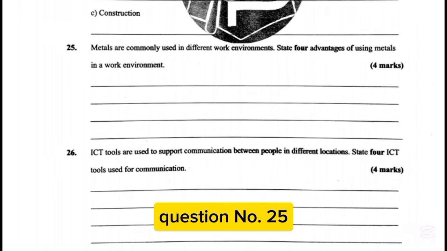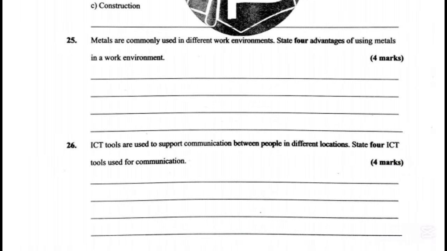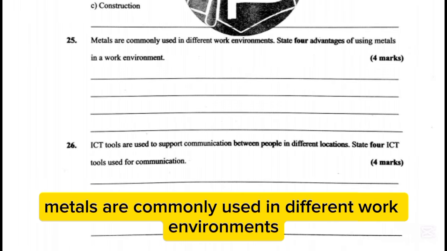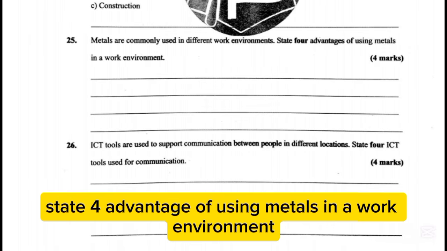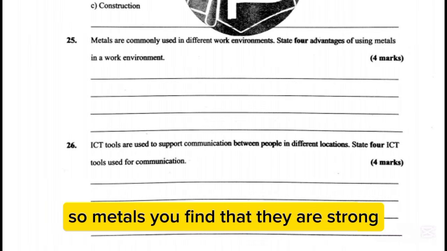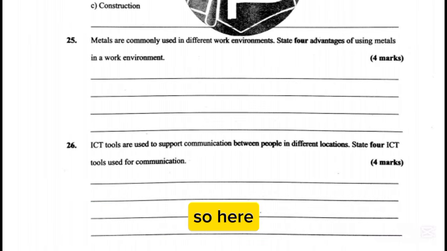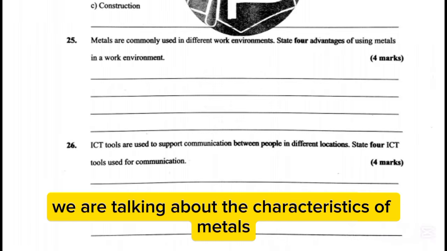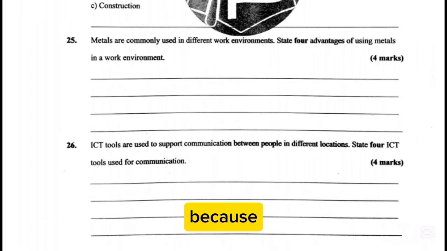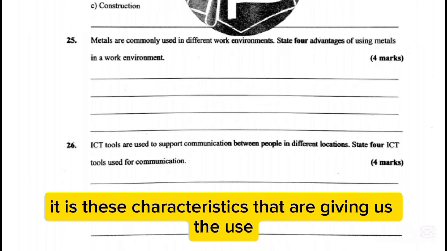Question number 25. Metals are commonly used in different work environments. State four advantages of using metals in a work environment. So metals, you find that they are strong. Here we are talking about the characteristics of metals, because it is these characteristics that give us the use.